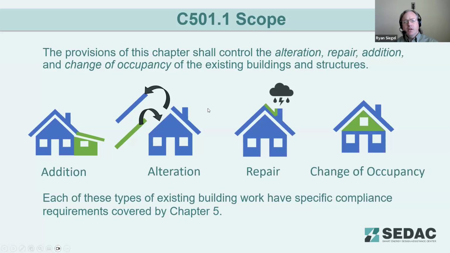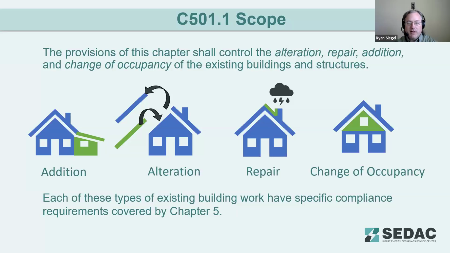So for the scope, it covers a few different options here or features. This includes, for existing buildings, we might be dealing with additions. That's perhaps some of the more common work that occurs, or at least the more straightforward work with the energy code, is when you're doing additions. When you're dealing with alterations, this is where you may be doing any number of changes to a building.